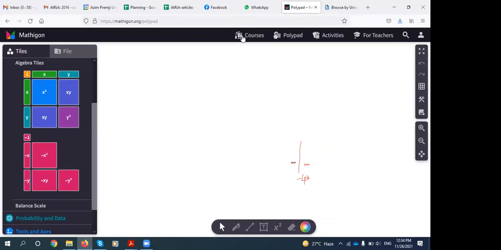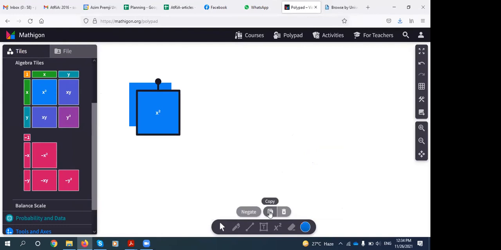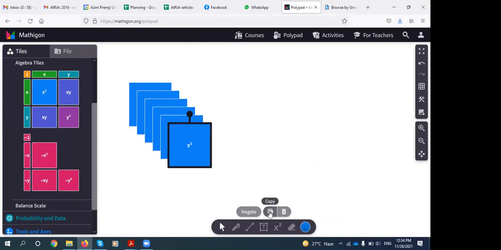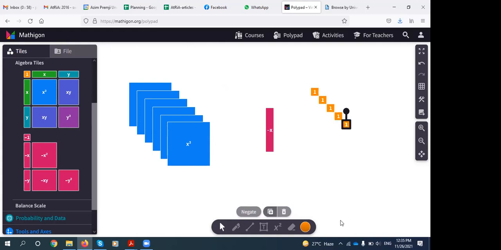Let me jot down the problem, 6x squared minus x plus 5. So let's get those tiles. We have got 6x squares, and we need -x, and we need 5 ones.